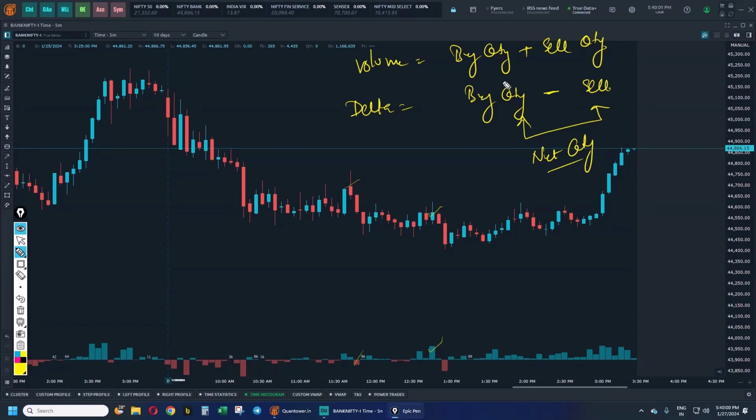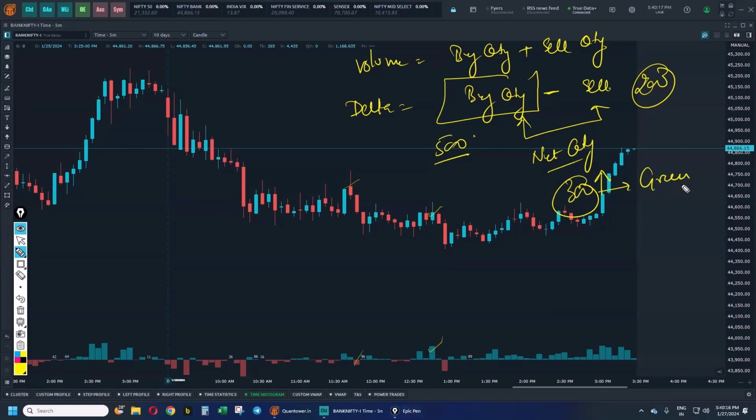So I assume if there are 500 buy orders and 200 sell orders, the delta would be 300, because the buyers are more, it will count positive. If it is positive, the color would be green for delta, and the candle obviously was moving up.